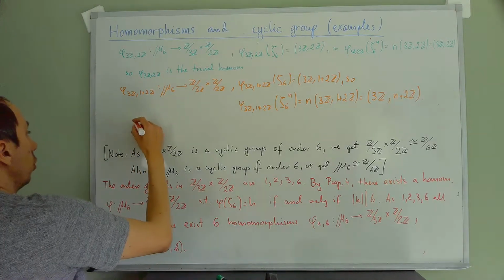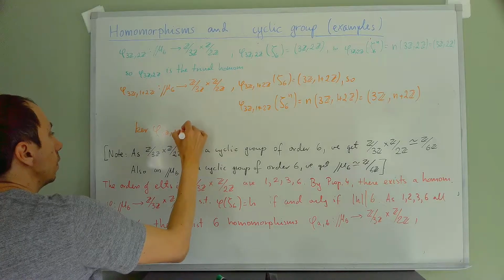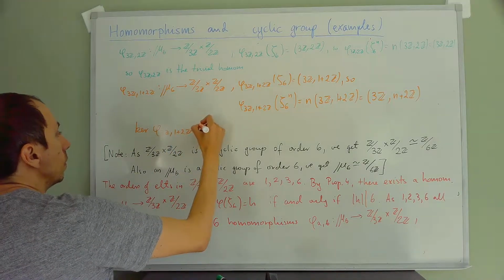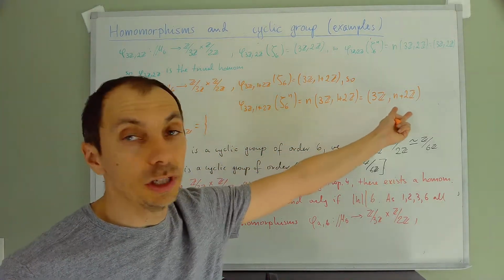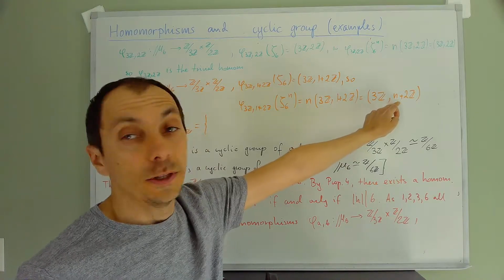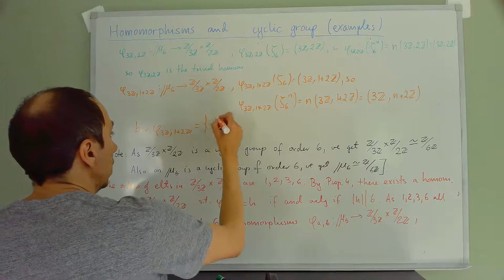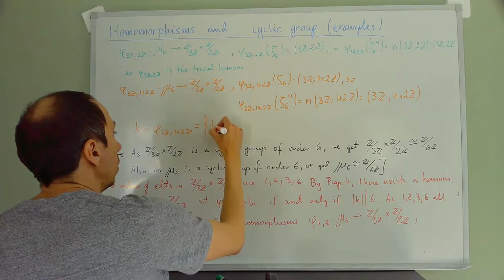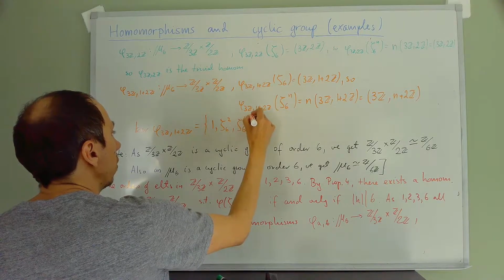So I can compute the kernel. Which elements are taken to the identity? Of course, you are taken to the identity if and only if n is even. So that's 1, zeta 6 squared and zeta 6 to the 4th.